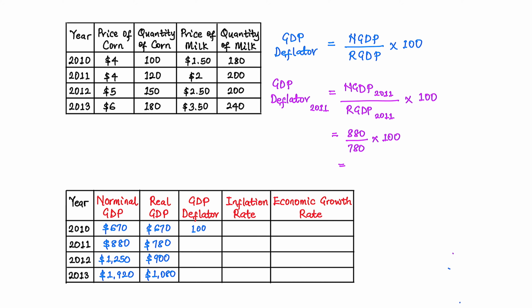So that's equals 880 divided by 780. That will give us 1.128 multiplied by 100. So we have a GDP deflator of 112.8.